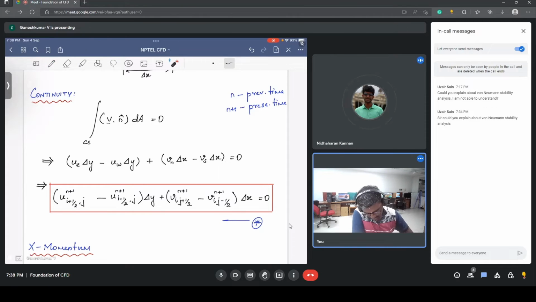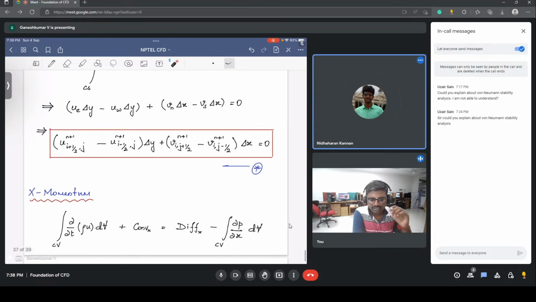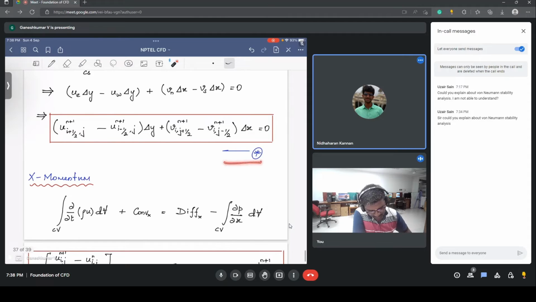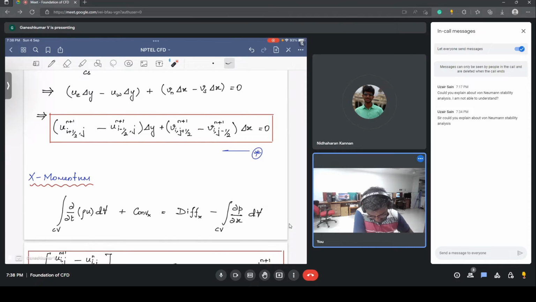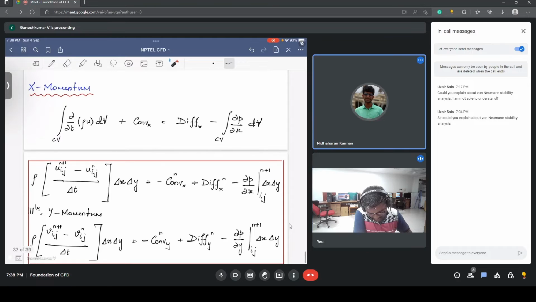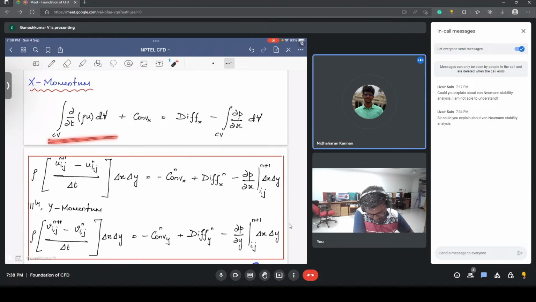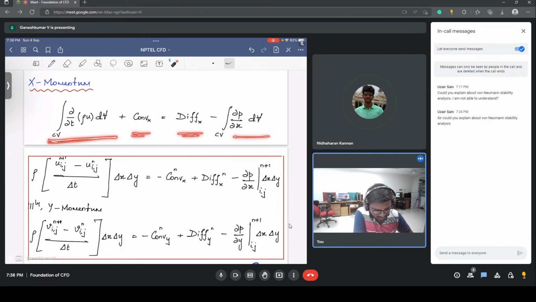So that's why at every time step we need to satisfy continuity. That's why we have this star equation at the n plus 1 time step. Similarly, we have the x momentum equation, where we have an unsteady part, a convection term, a diffusion term, and a pressure gradient term.